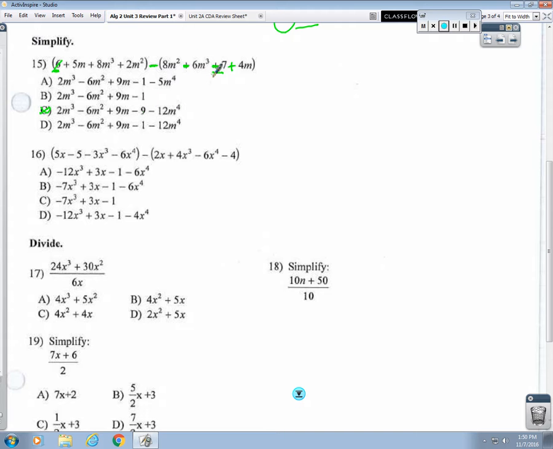Now let's move on to the next term. 5m will combine with 4m. And they're both positive. So combined they make 9m. But that doesn't really help us because our remaining ones all have 9m. 8m cubed will combine with, and isn't it 8 minus 6? 2m cubed. That doesn't really help us.